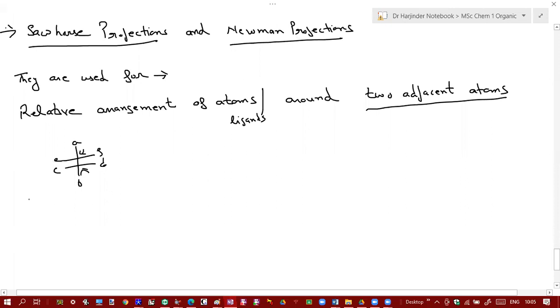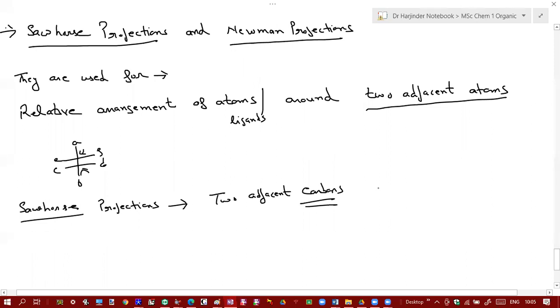In Sawhorse projection, how do you look at the molecule? Diagonally. So in Sawhorse projection, the two adjacent carbons are viewed diagonally, and the remaining groups are written over them in the form of lines.